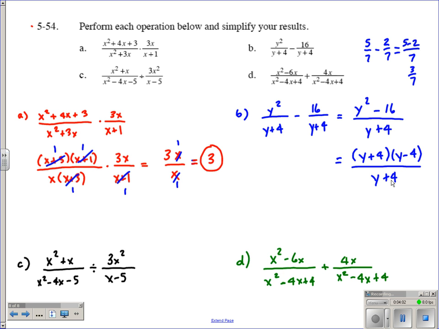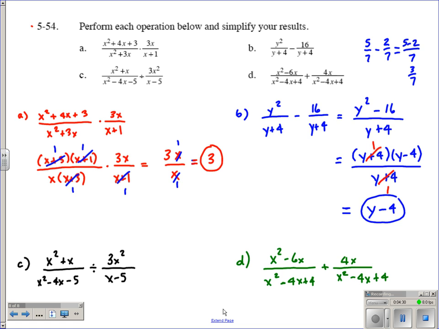We have a common factor, y plus 4 and y plus 4, which simplifies to 1 over 1. In the end, we will end up with y minus 4. That is our answer for B.